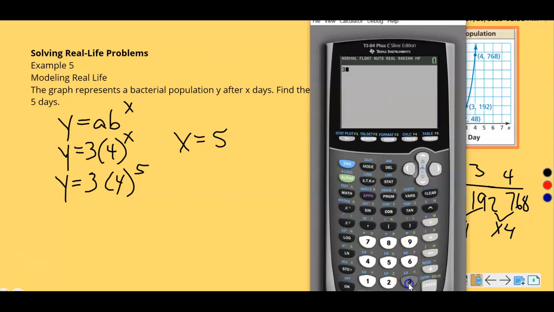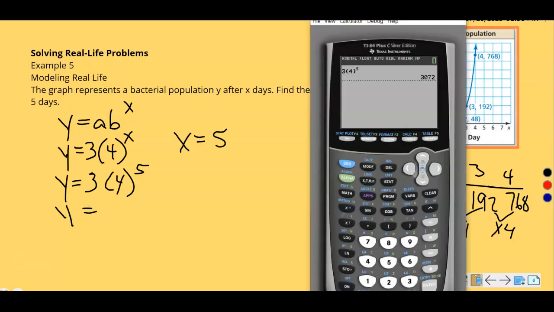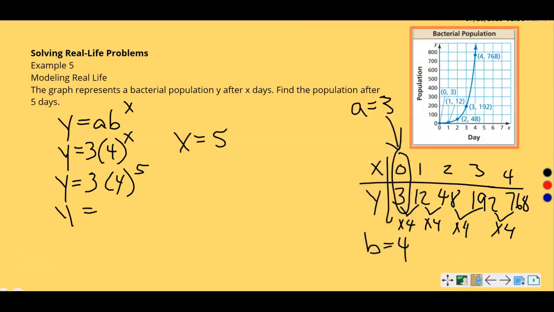All right, so we got 3 times 4 to the 5th power. That's probably going to be a pretty big number. It is. So y equals 3,072.